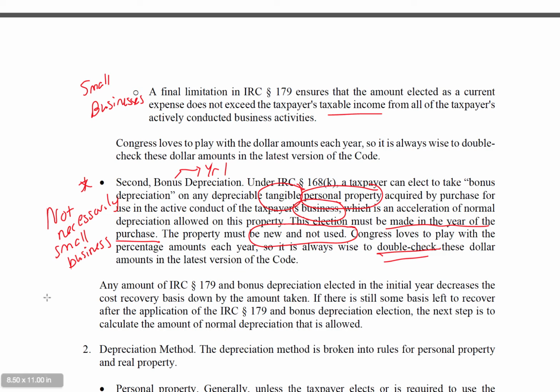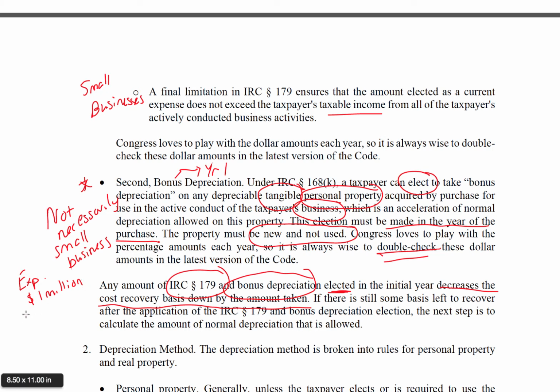Now, again, as I mentioned, any amounts under Section 179 and bonus depreciation are both elections. You have to elect. These decrease the cost recovery basis in the first year by the amount taken. So just as a simple example, let's say you have $1 million of property in your business, and it's personal, tangible property, and let's say it's all new property, and it all qualifies for Section 179 and bonus depreciation, but you don't get the full amount.